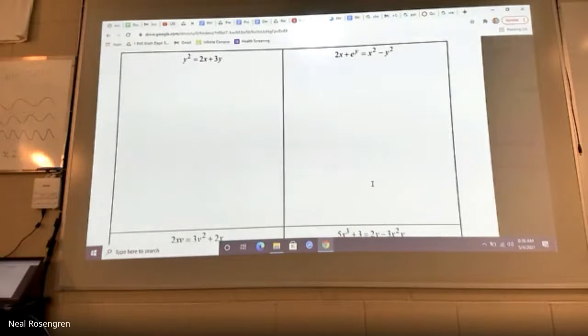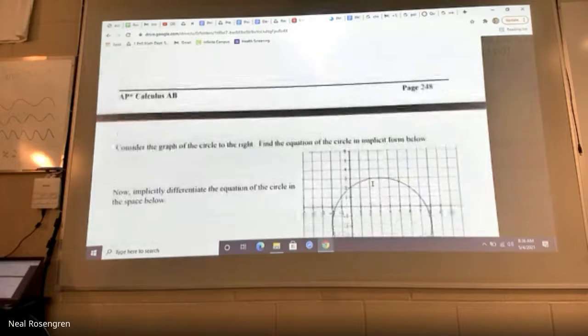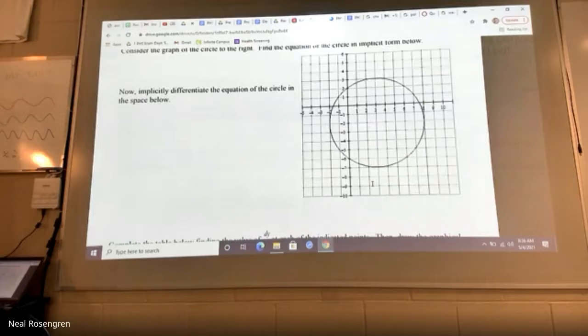And in case you did not get a chance to see yesterday's lesson for whatever reason, we are at the point where we are now finding the derivative of something that is not the function, right?